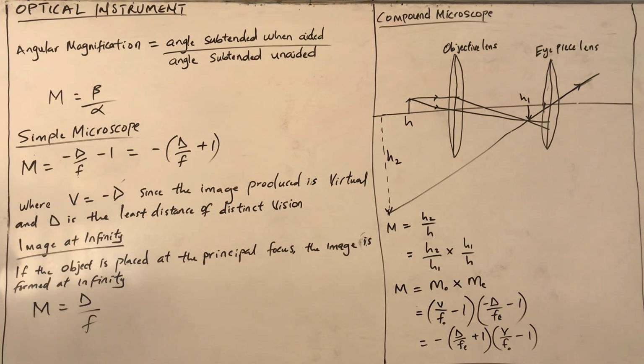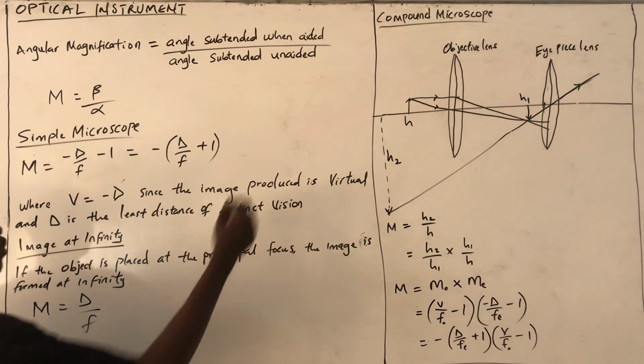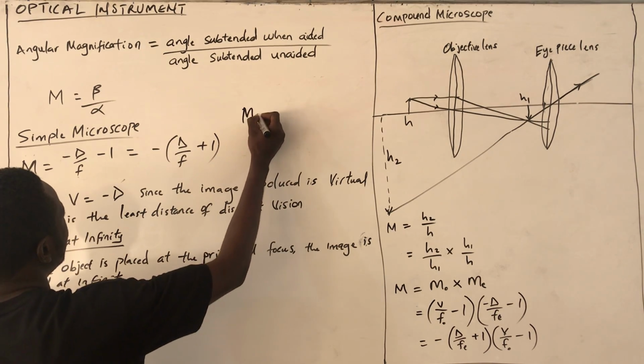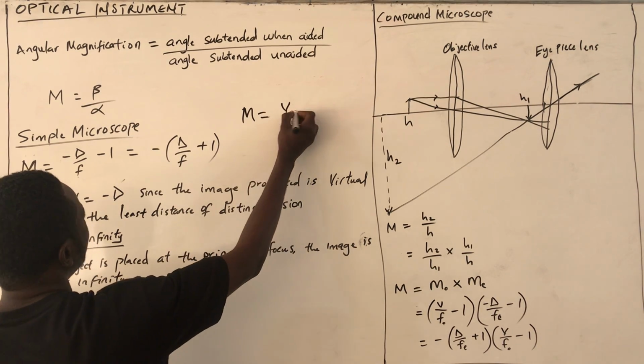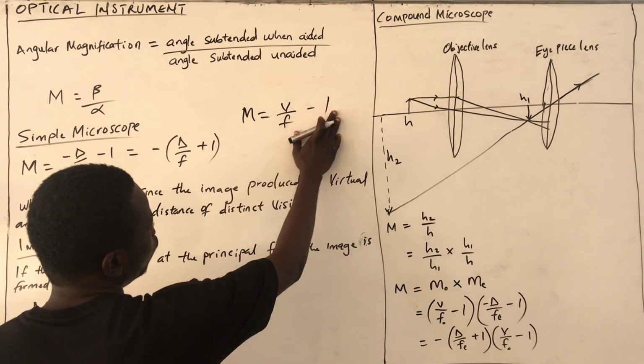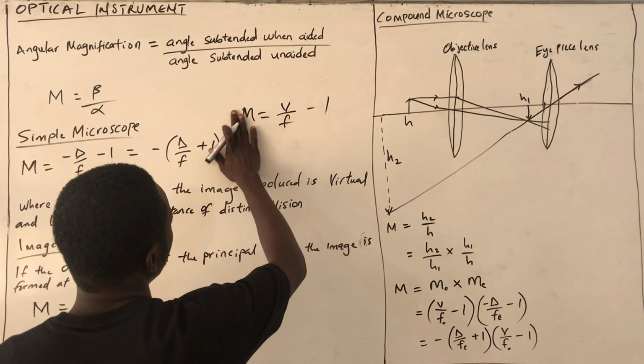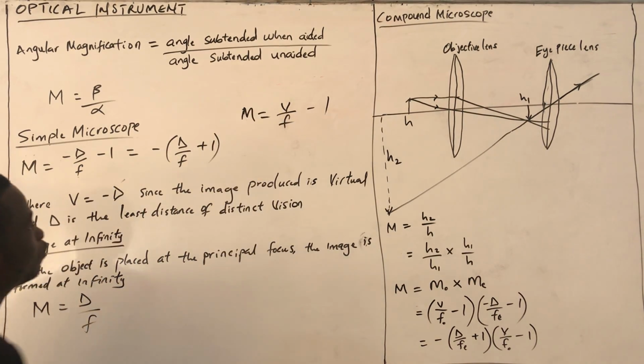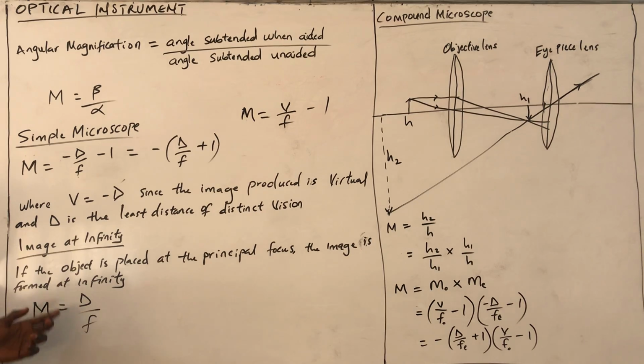Now for the simple microscope, we have n is equal to minus d over f. Now this is gotten from the relation where we say the linear magnification is v over f minus 1. We can prove this formula, but we are not going to do that now.